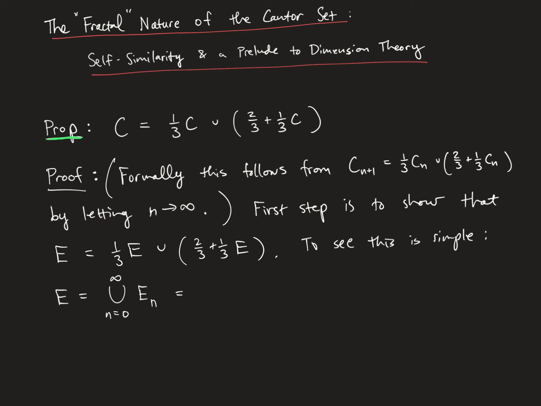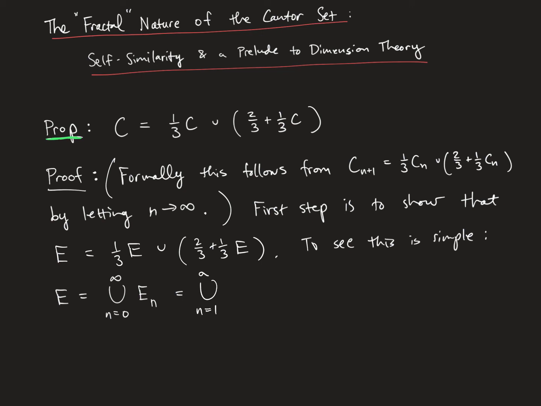And actually, we can drop E_0. E_0 is just the endpoints of C_0, so that's the set {0, 1}. But E_0 is contained in all of the subsequent sets, so it doesn't matter; we can just drop that.